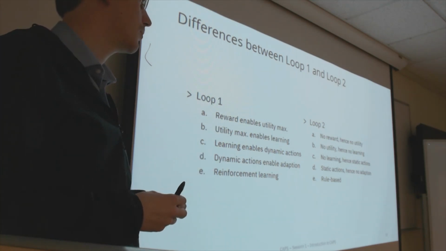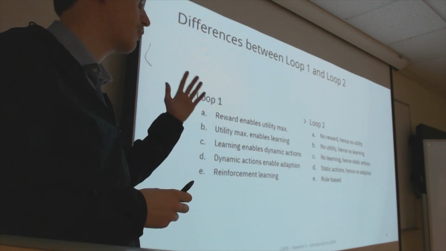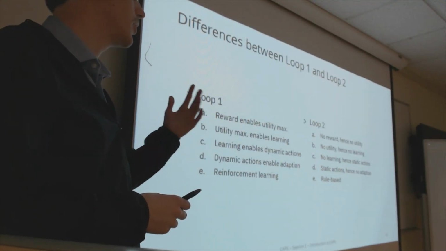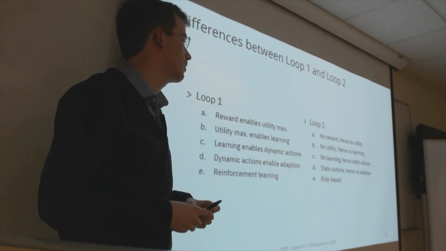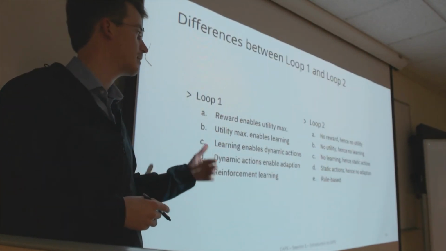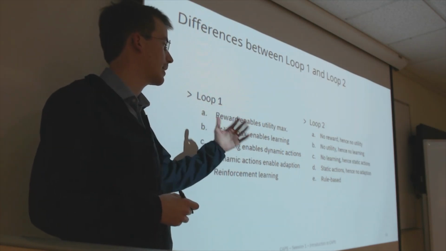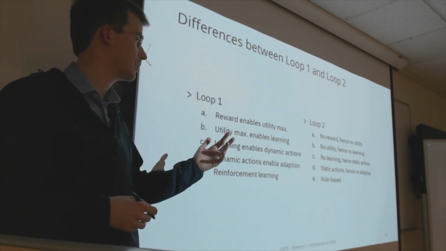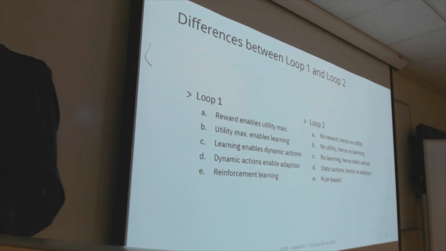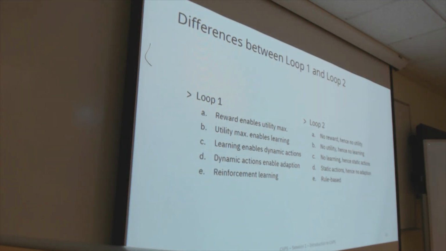It just always checks, do I have these 12 workers? If not, I'm going to build new ones. If I have 12 workers, fine, I'm just not going to do anything. And that's called rule-based. So we just specify the rules. In this case, the rule of checking how many workers you have. If it's 12, don't do anything. If it's less than 12, build a new worker, or enough workers to get you to 12.